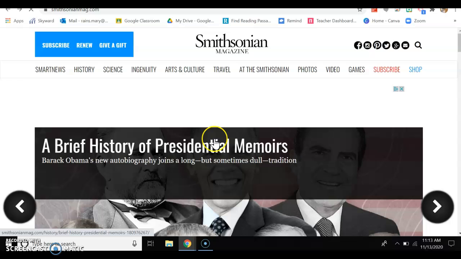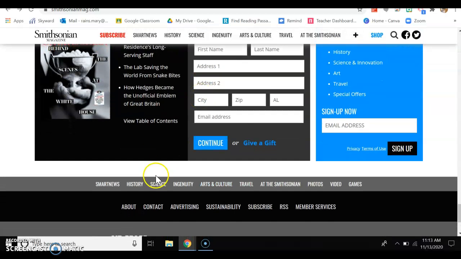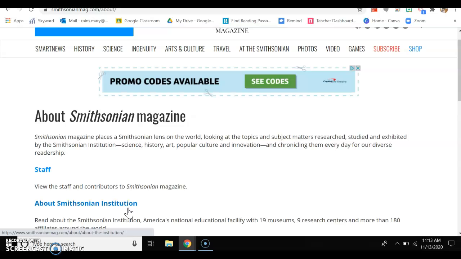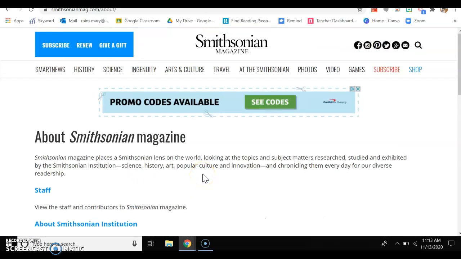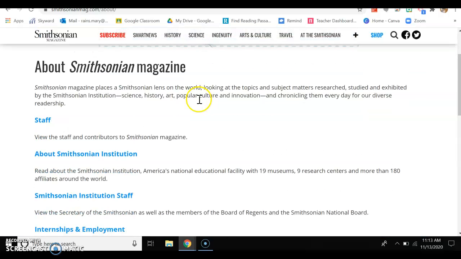Normally, websites should have an about or an about me area. A lot of the times they're down at the bottom or at the very top. I didn't see them at the top, so I scrolled all the way down to the bottom, and then there's other information there for you. So then I'm looking for this information.